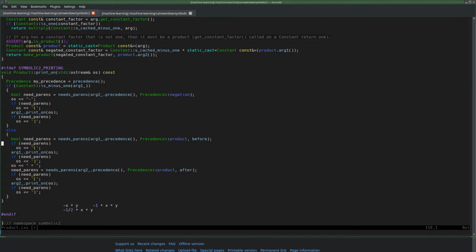So it's almost as if you have minus 3 times x, and I call this a negation because it starts with a minus sign, and then I ask, do I need parentheses here, considering that it is minus 3 times x? But that's not true, because the minus sign is here already.